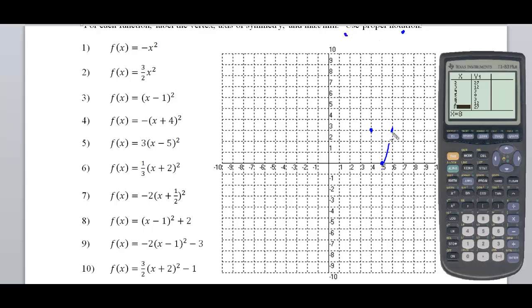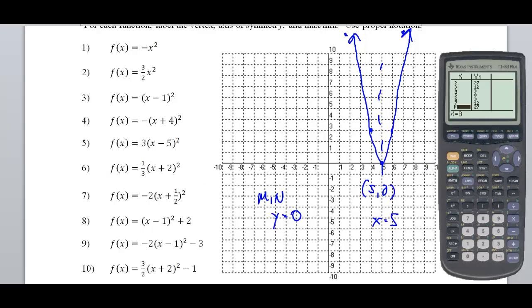Well, 2 units is not way off the grid, but it's enough to kind of have us guess a little bit. So with this in mind, my vertex is 5, 0. My axis of symmetry is x equals 5, and this is going to be a minimum where y is equal to 0, because there's no number less than 0, or f of x is equal to 0 if you want to put it that way.